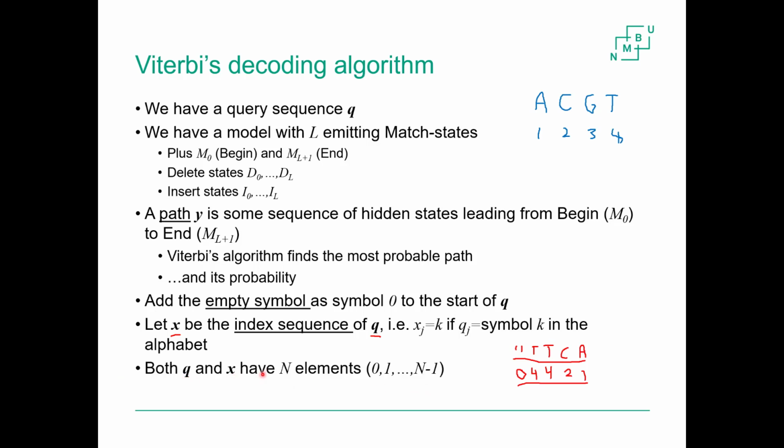Both Q and X have n elements. You can number from 0 or number from 1. In this case, it's number from 0. I don't remember why. But anyway, this is Q or X correspondingly. It's just 2 ways of writing the same sequence.